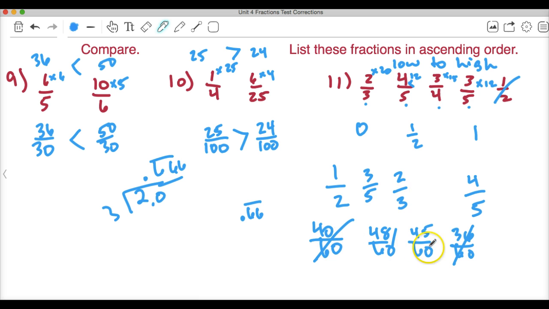My next one was 45/60ths, which was my 3/4. And then my last one was 48/60ths, which was my 4/5. So that one was there correctly.